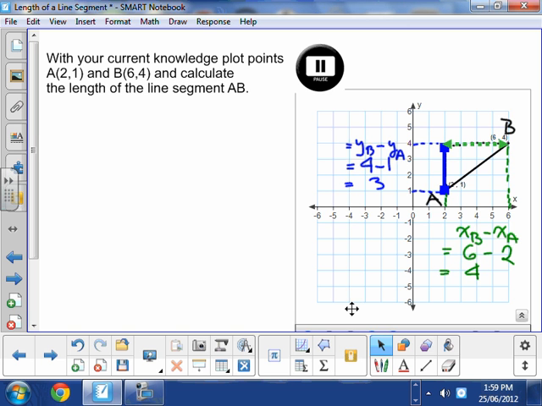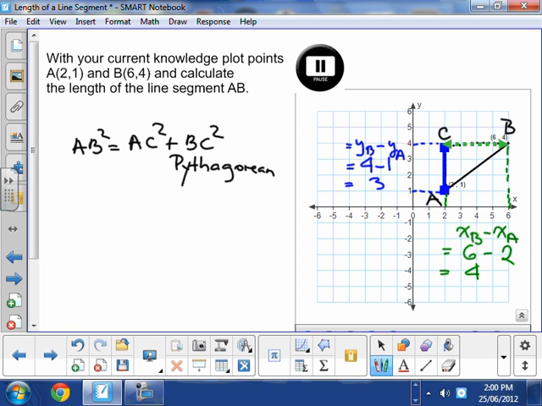Okay, so now I know I can apply my Pythagorean theorem, right? If we name this point C, AB squared is nothing else but AC squared plus BC squared. Is that correct? This is nothing else but Pythagorean, right?